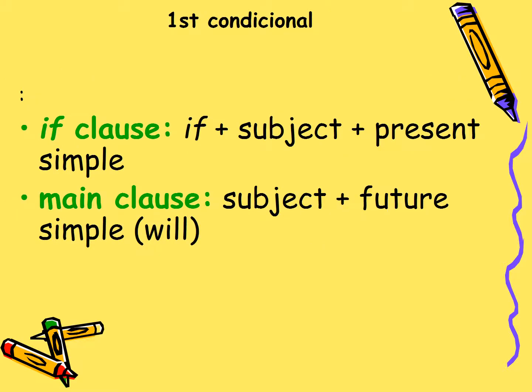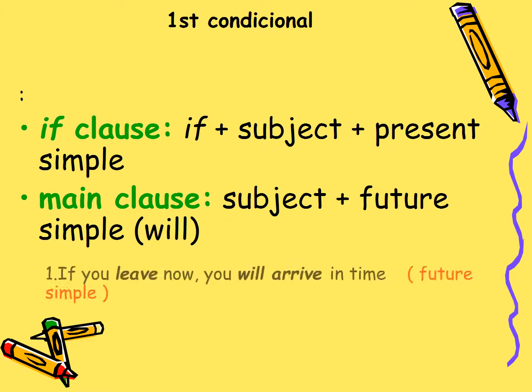If clause: if plus subject plus present simple. The main clause: subject plus future simple, that is, will plus verb infinitive. As an example, if you leave now, you will arrive in time.